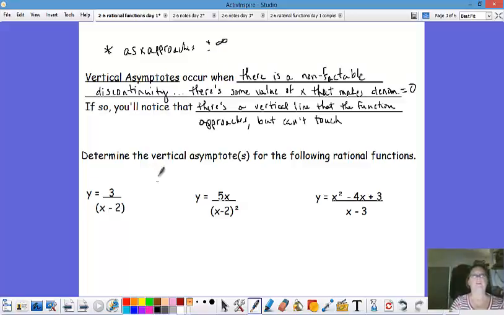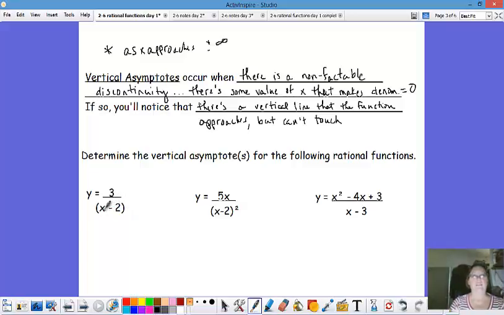All right, this says that we want to determine the vertical asymptotes for the rational functions that are shown here. Look at the first one, y equals 3 divided by the binomial x minus 2. This can't factor since there are no factors of x minus 2 in the top.